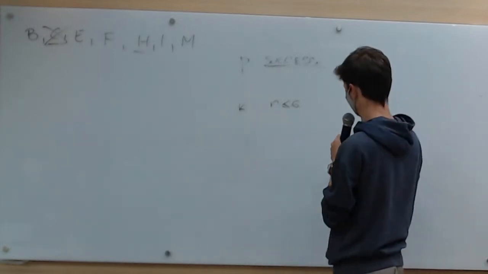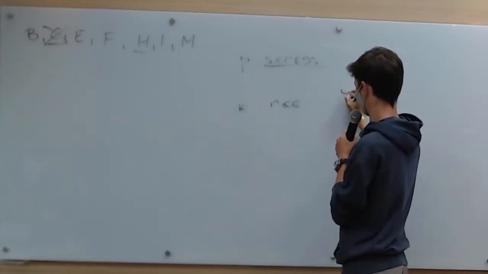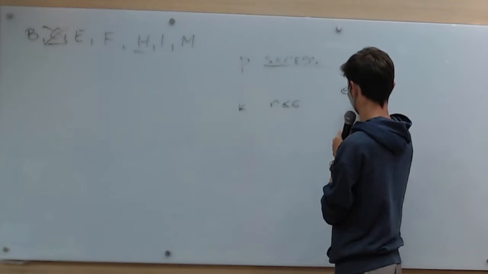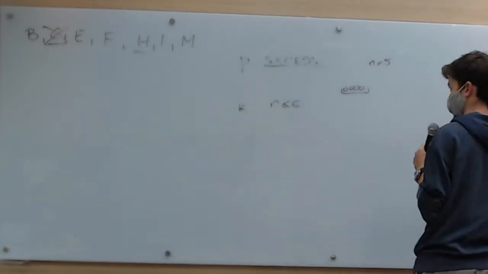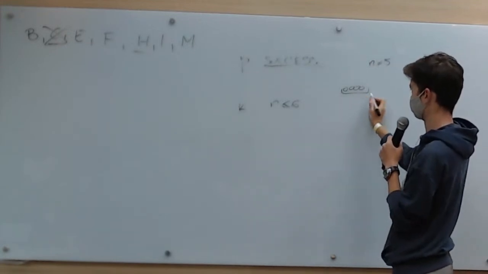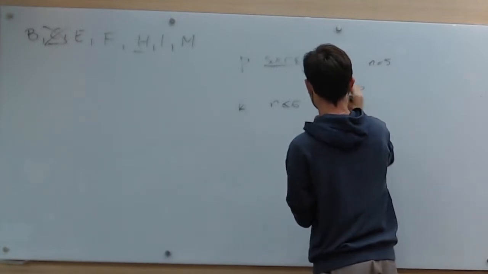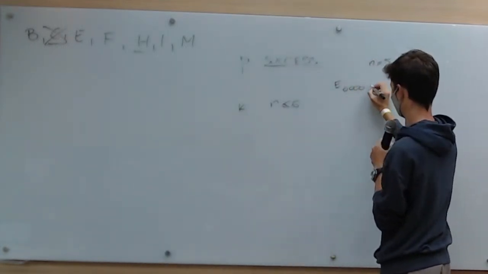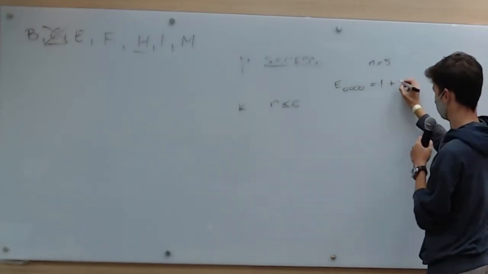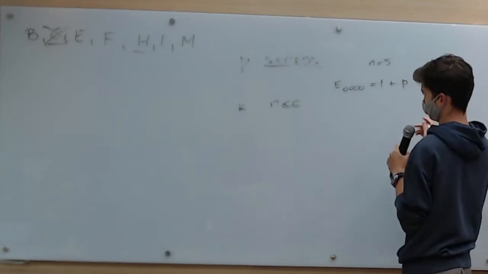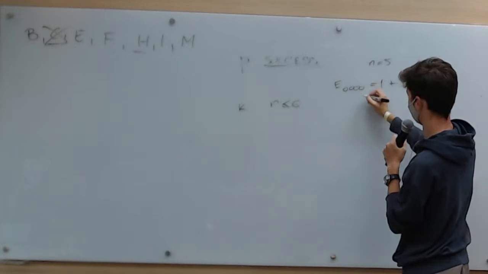In our state, it's the last n minus 1 trials, right? So this is the initial state if you have n equals 5. So you store the last 4 trials, right? And the expected value when you are in this state is, well, you did one trial, and then with probability P, you change to the next state, which is shifting this left and adding a 1 here.